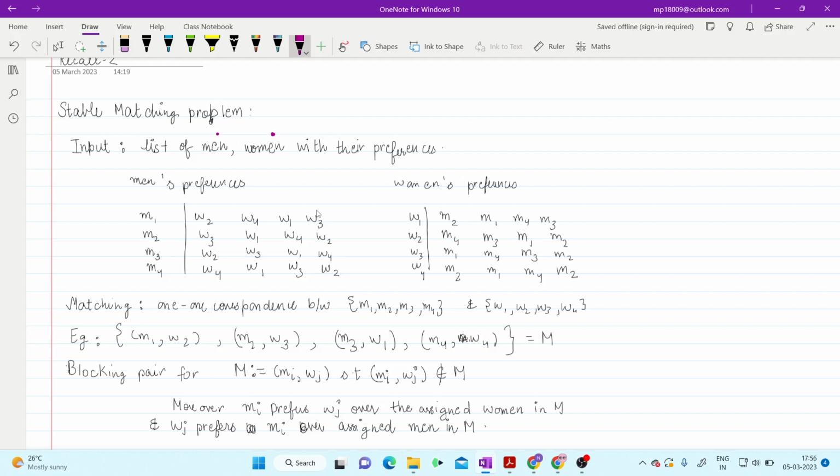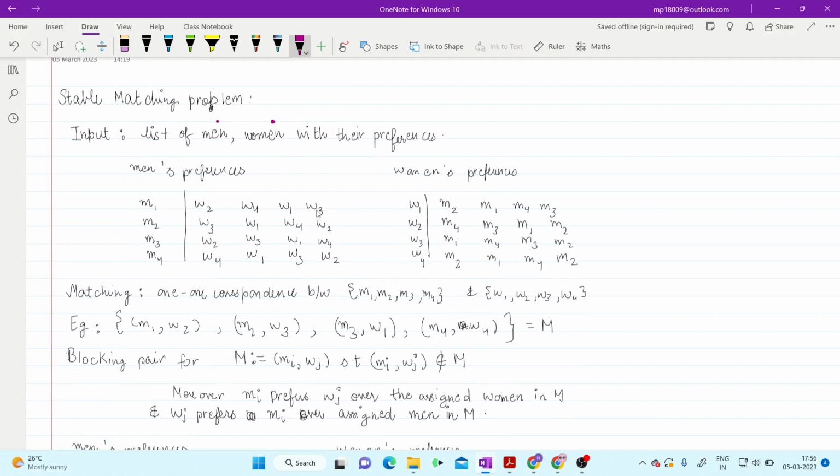First of all, what do we mean by stable matching? First of all, what is a matching? A matching is basically a 1-1 correspondence between these two sets, the set of men and the set of women. We are assigning one woman to each man, and all these are distinct.